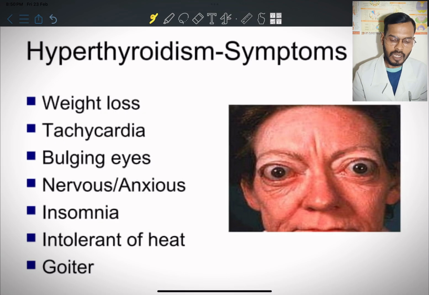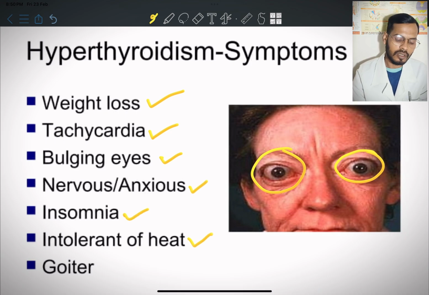These are hyperthyroidism symptoms. We can see weight loss, tachycardia, bulging eyes like this, nervousness, insomnia, intolerance of heat, and goiter.